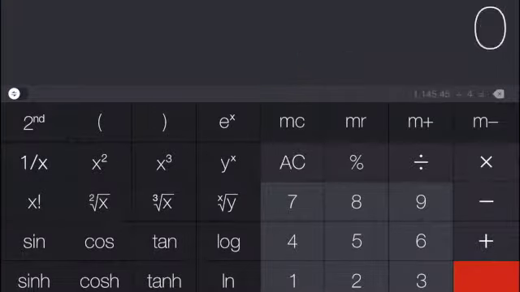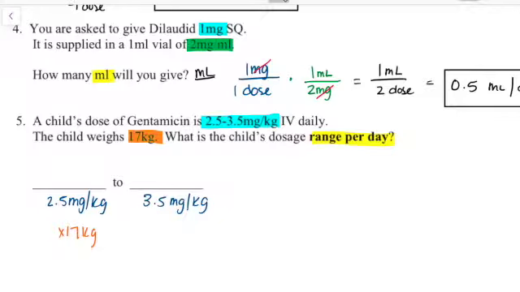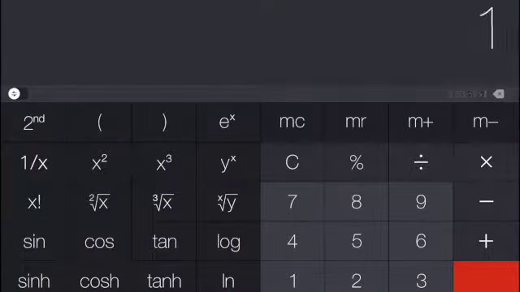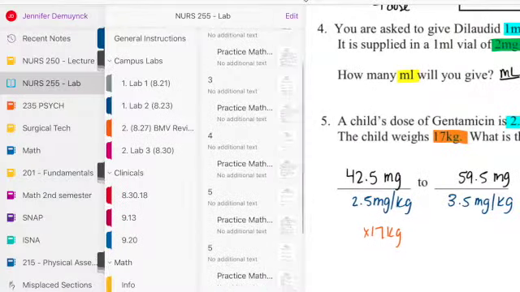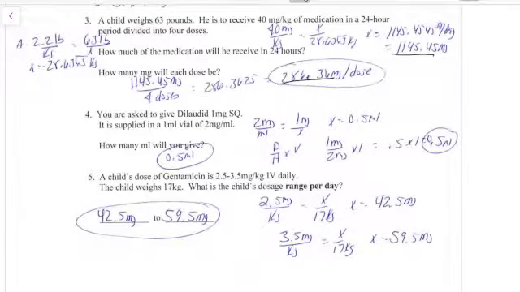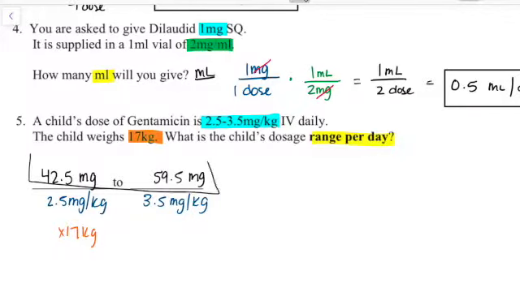So 17 times 2.5, 42.5. And then we'll do 3.5 times 17, 59.5. Double check that. And that is correct.